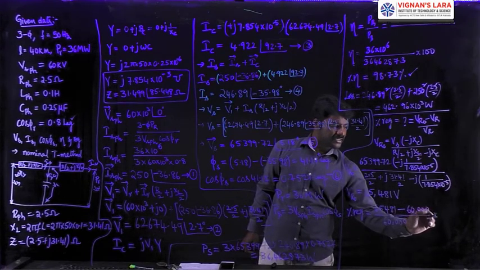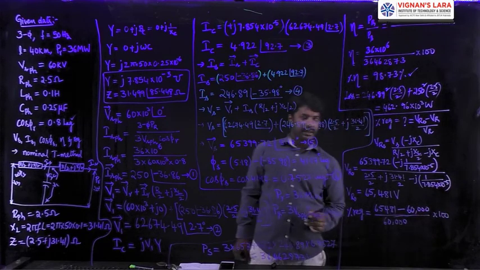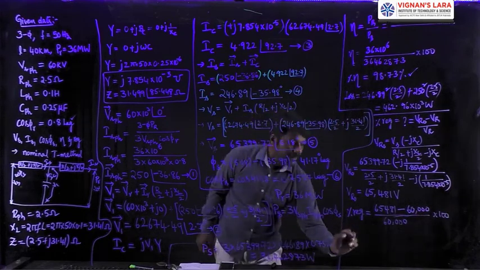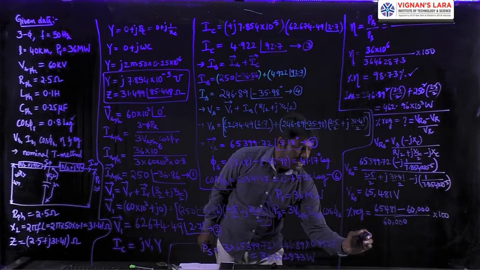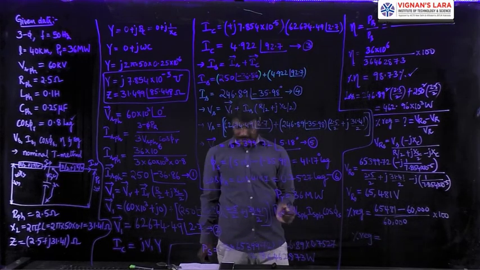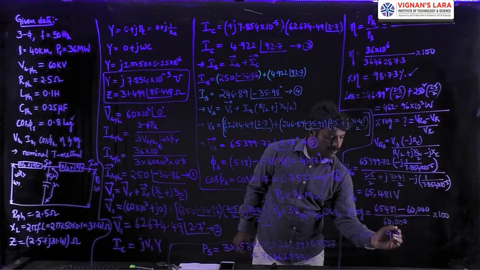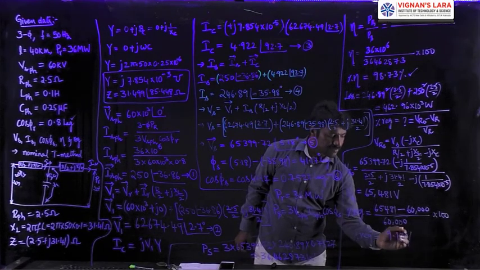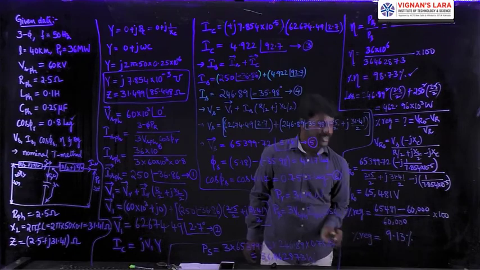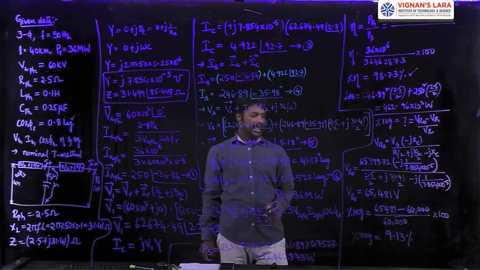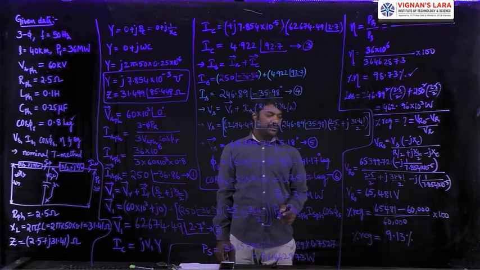Since it is in percentages, I have to multiply by 100. Then the percentage regulation value we get is 9.13%, a positive value. Simplify in the calculator and get the answer, that is 9.13.